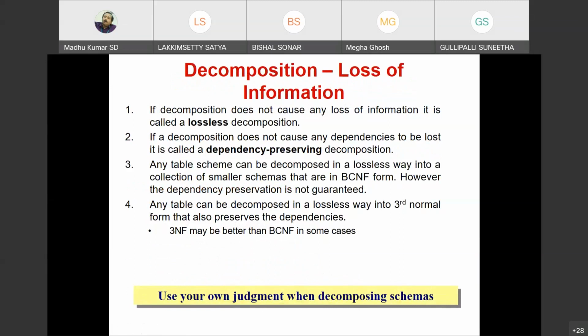Dependencies which are generated from other dependencies should not be used for the decomposition. Any table schema can be decomposed in a lossless way into a collection of smaller schemas that are in BCNF form. However, the dependency preservation is not guaranteed.